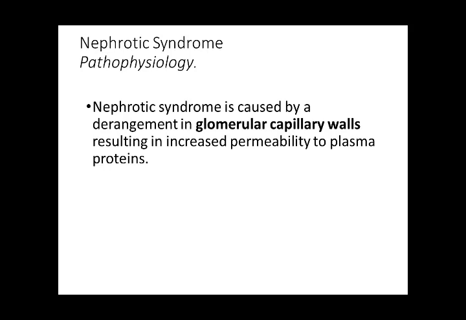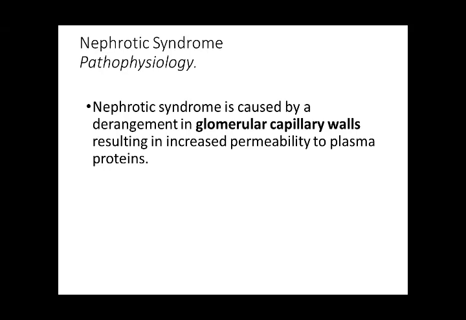Nephrotic syndrome is caused by derangement in glomerular capillary walls, resulting in increased permeability to protein. If the capillary walls are damaged, it means fenestra are larger than before, or there is an increased number of fenestra and they must be larger than before.